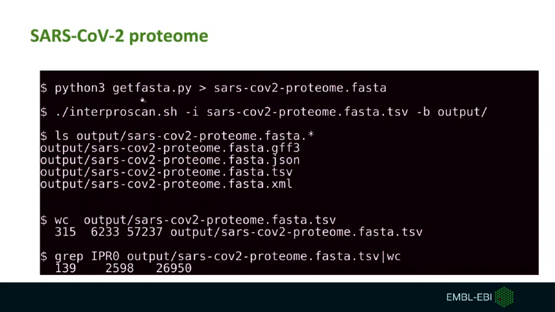So get_fasta was the name of the script that I downloaded from InterPro, and I used Python 3 to get the proteome, and I named it SARS-CoV-2 proteome. I ran InterProScan with just the basic command, providing the input and the output file that I want for this analysis.